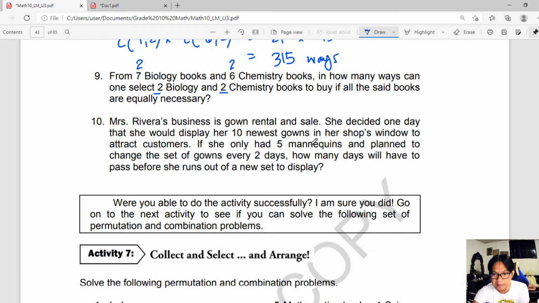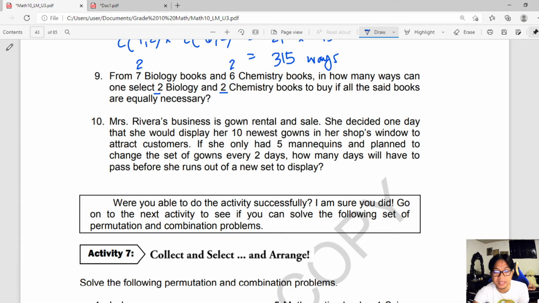So meron lang siyang 5 mannequins, tapos meron siyang 10 new gowns. So ibig sabihin, ang kailangan lang niya dito is sa 10 gowns, kailangan lang niya ng 5 kasi 5 lang yung mannequin niya.